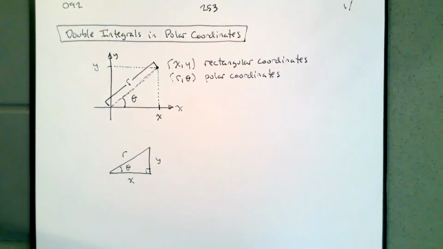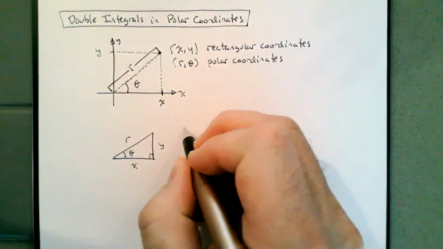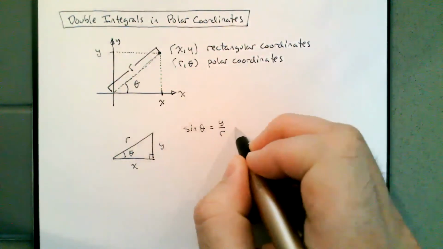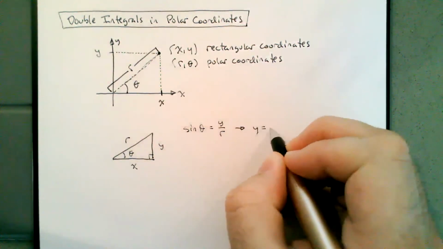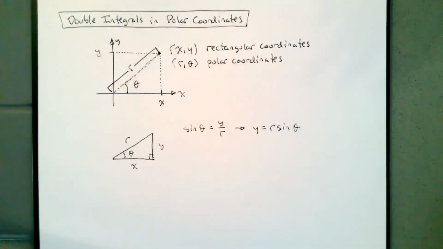At least in the first quadrant, we can just look at this right triangle. And we'll see that the sine of theta is y over r. And so that tells us that y is equal to r sine theta. So if I have polar coordinates, I can figure out the y coordinate by taking r sine of theta.